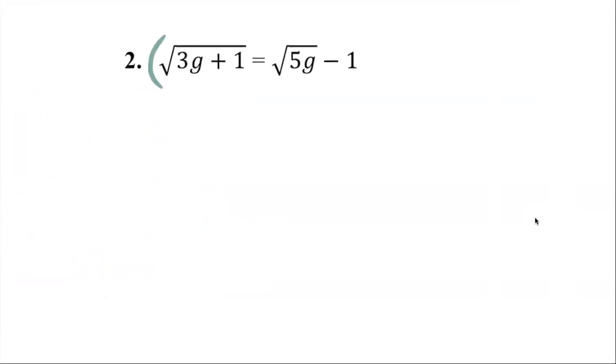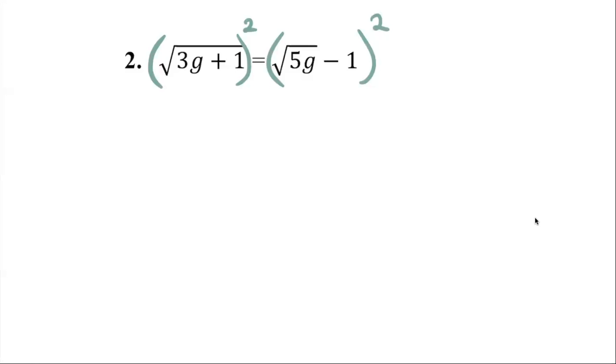Now, careful when you guys square both sides, make sure you don't do this. I see people do that a lot. That is not correct. You can't square each term like that, okay? You have to square each entire side like that, okay? So square the entire side.